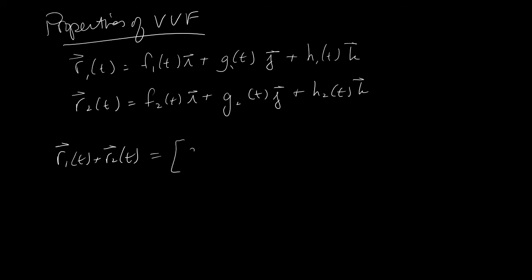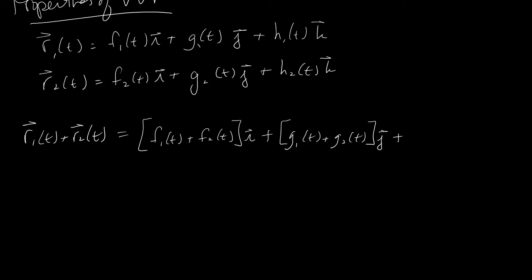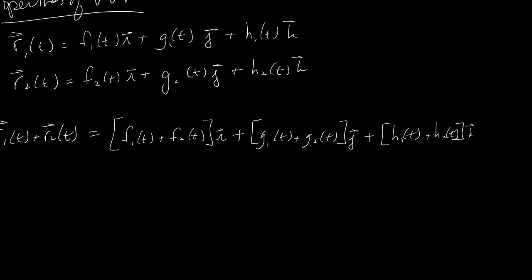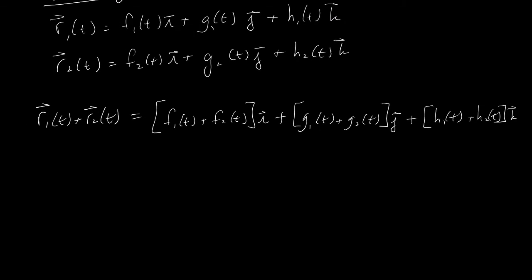So this is going to be f1(t) plus f2(t), that's my i component function, plus g1(t) plus g2(t), that's the j component, plus h1(t) plus h2(t) in the k direction. Okay, and the same thing would work for negatives. So we could even just make this a plus minus. If you're subtracting, you just subtract the corresponding components.